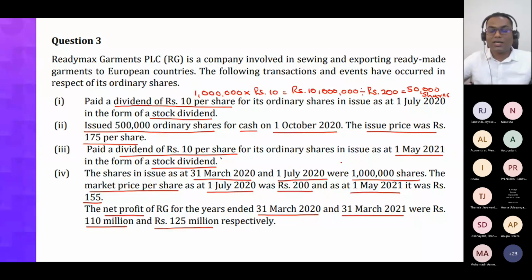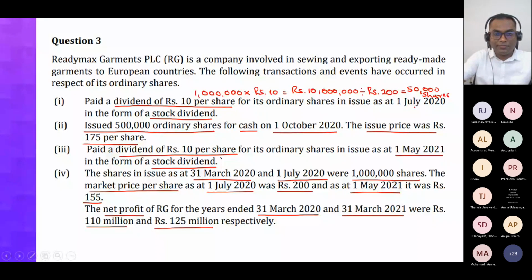No resources coming into the company. No cash inflow. That means there's no contribution to the earnings generation from these new shares. So those type of shares, what I said, you need to adjust retrospectively. You have to go back and make the adjustment. Even for the first 3 months, I have to assume that these shares were always there, right?